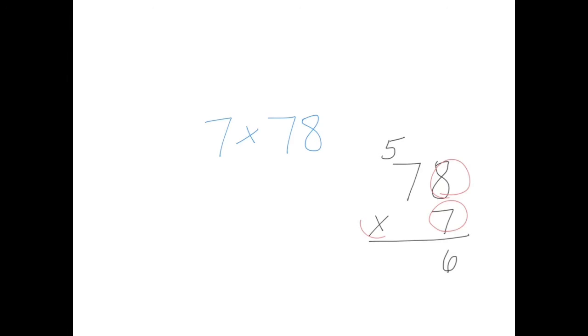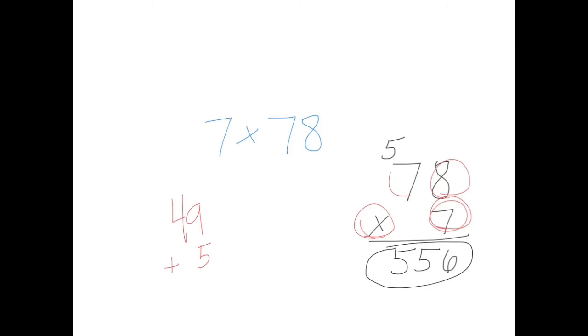The next thing I'm multiplying is 7 times 7, which is 49. And then I need to add on my place value of 5 to get 55 for an answer of 556.